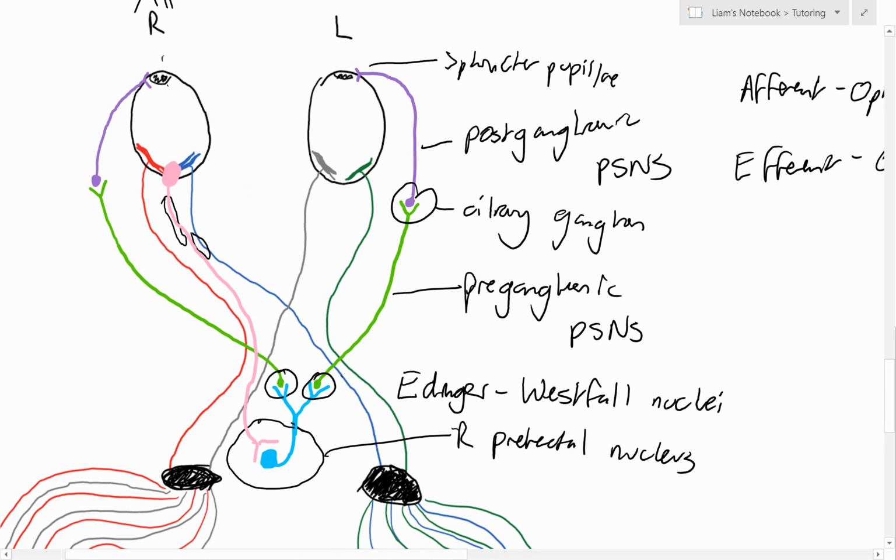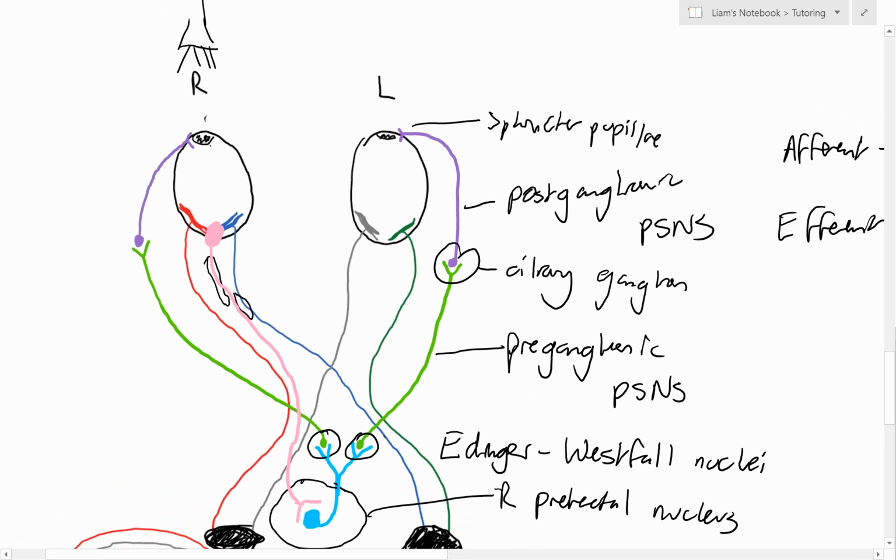So there are a few different lesions and patterns you can see with pupillary defects. Remember, if we're shining the light into the right eye, that constricts, that's our direct pupil response. When we shine it into this eye and this pupil constricts, that's our consensual pupillary response.